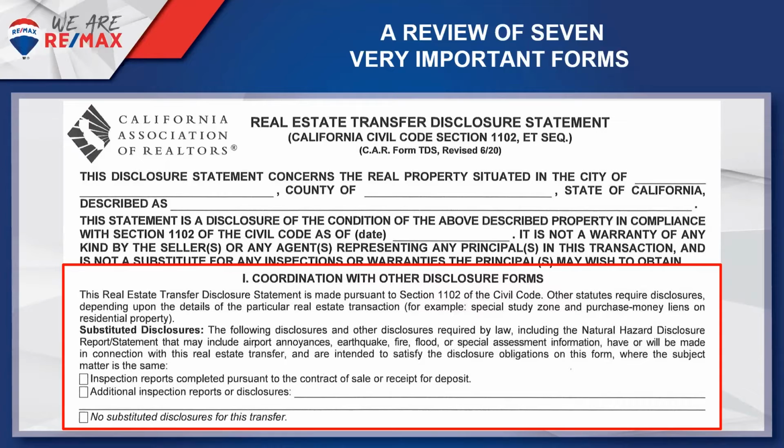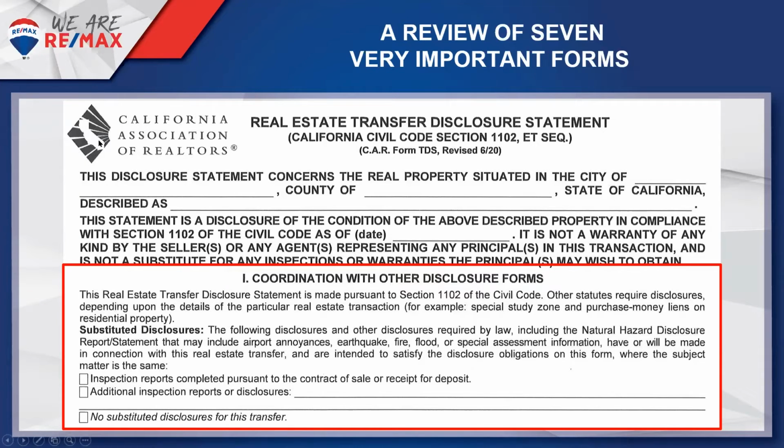But what a purchase agreement looks like is not in the civil code. You have to have it in the purchase agreement, or you have to give the buyer the Megan's website information in a separate document. The TDS, this exact look, if you went to 1102 of the Civil Code and zoomed through the first 10 or 12 pages, pretty soon you're going to stumble upon something that looks exactly like this.